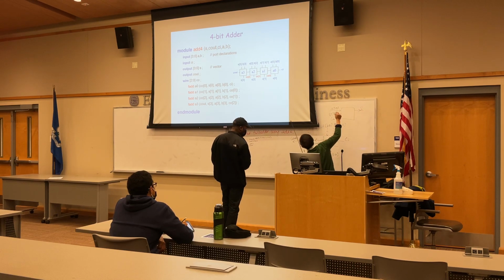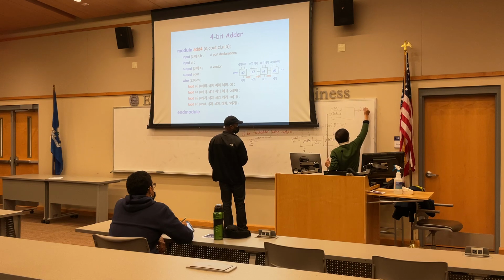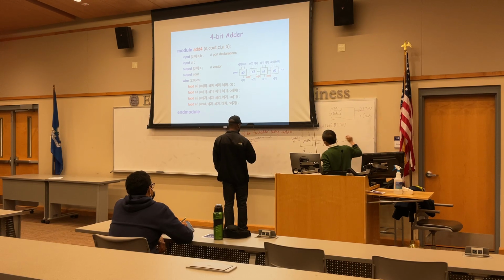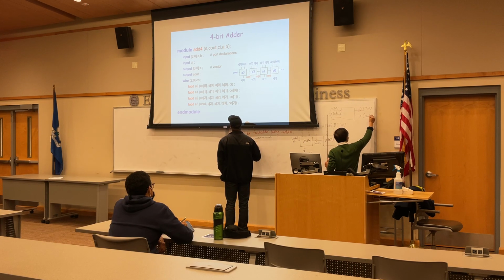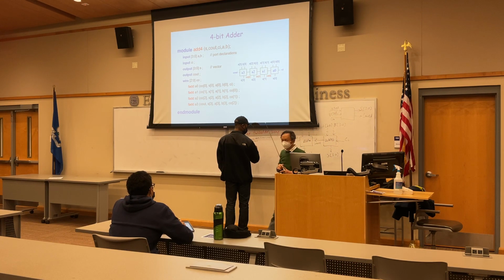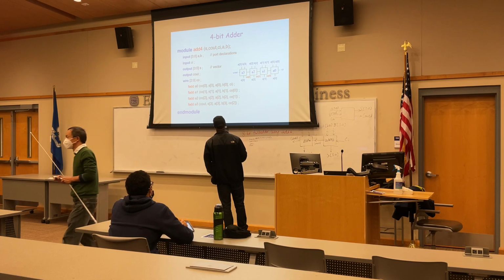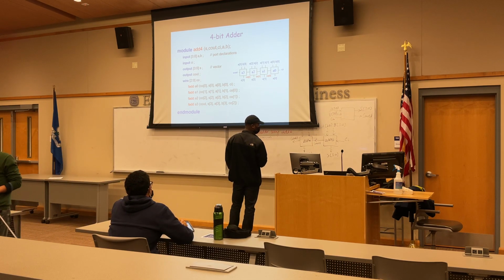We call the sum S 7 down to 0, and generate the final carry out, carry out 8. We have a carry out 4 as an intermediate carry out.